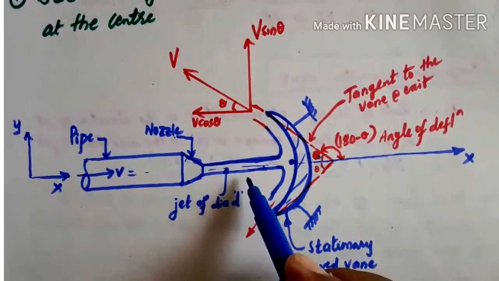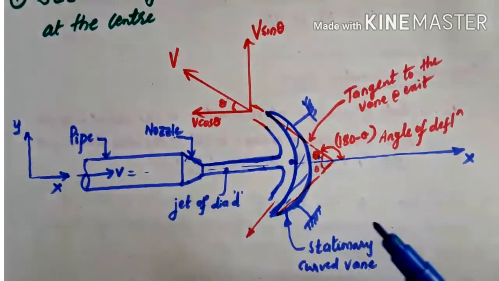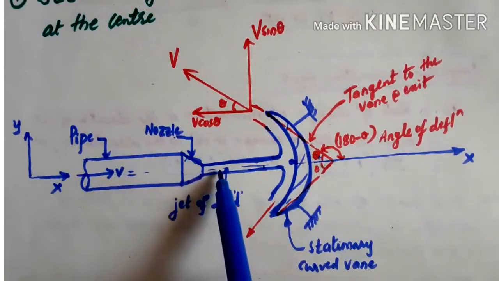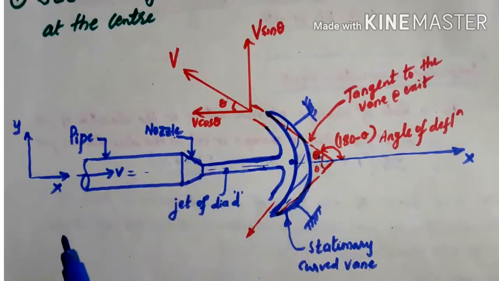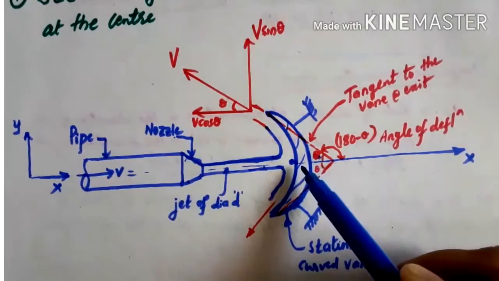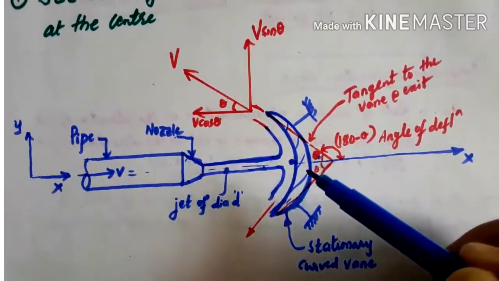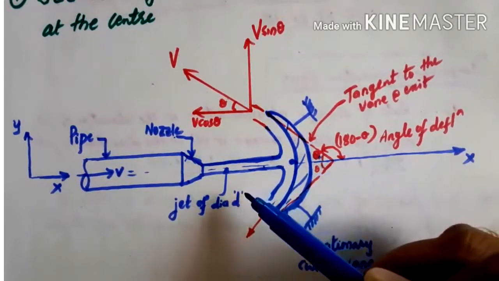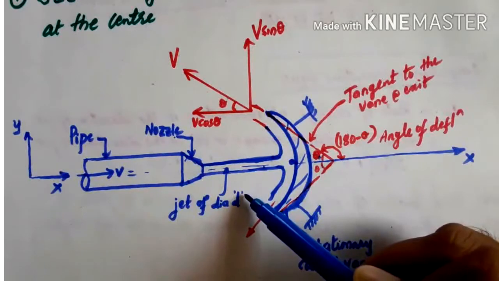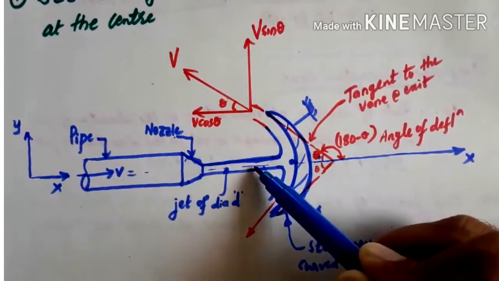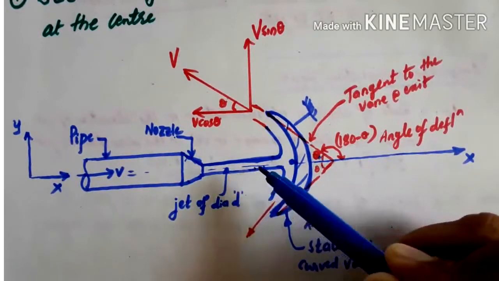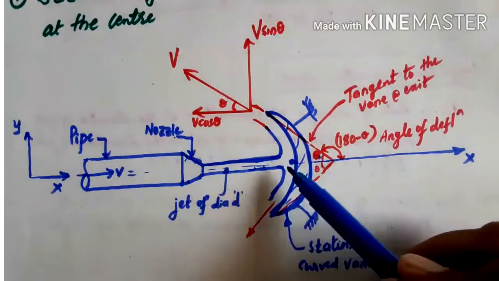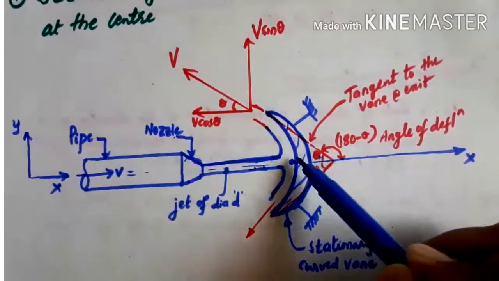Consider a jet of water of diameter d moving with a velocity v, which strikes a symmetrical curved vane at the center.